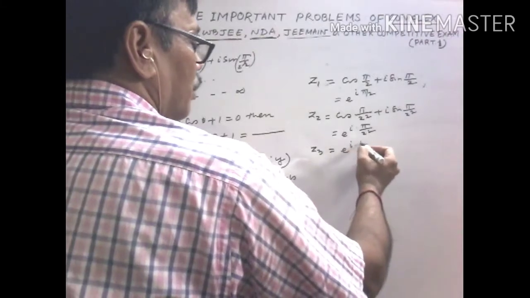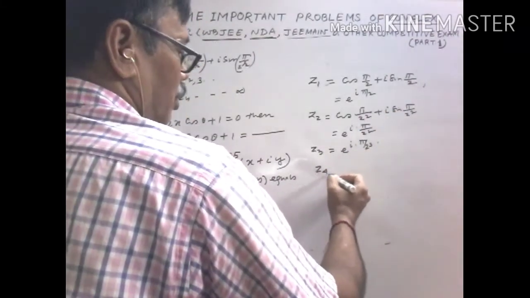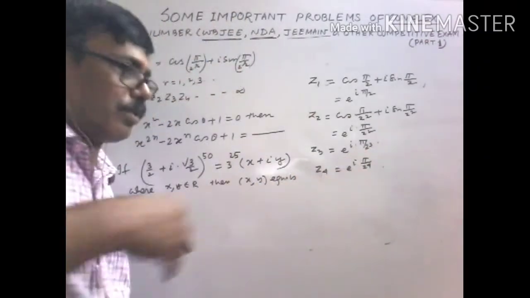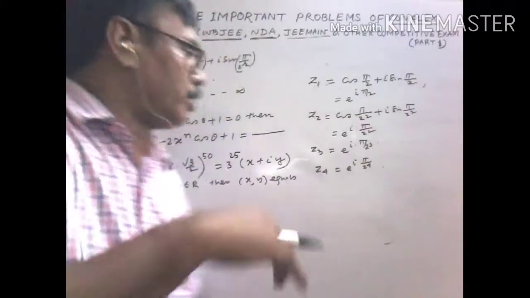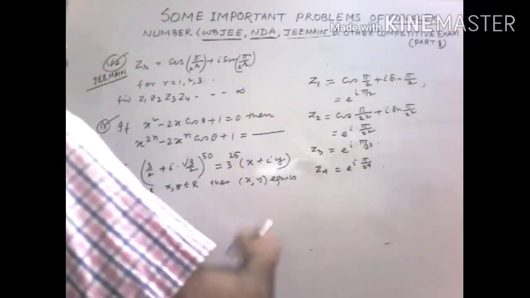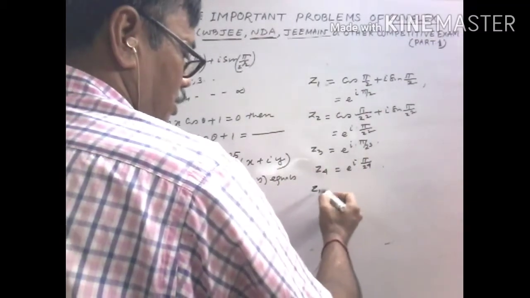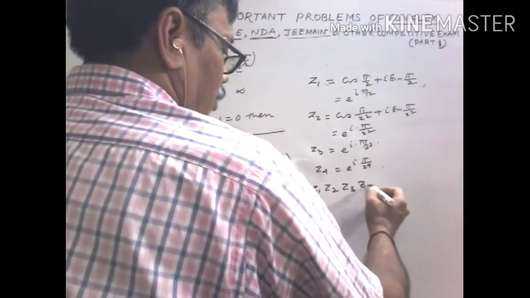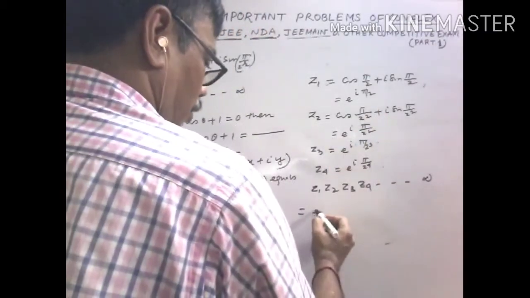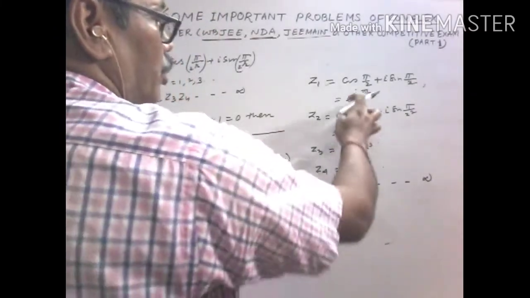Similarly, Z3 equals e to the power i (pi by 2) cube. Z4 is e to the power i (pi by 2) to the power 4. So these are the representations of Z in terms of polar representation. So Z1, Z2, Z3, Z4 up to infinity. So look, e to the power i into pi by 2 common.